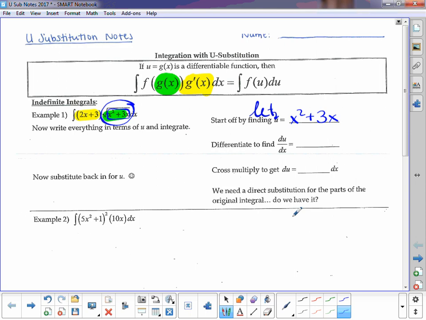All right, now what we're going to do next is take the derivative of U with respect to x. So the derivative here, du dx. What's the derivative of x squared? Derivative of 3x plus. Do we agree with that derivative there?